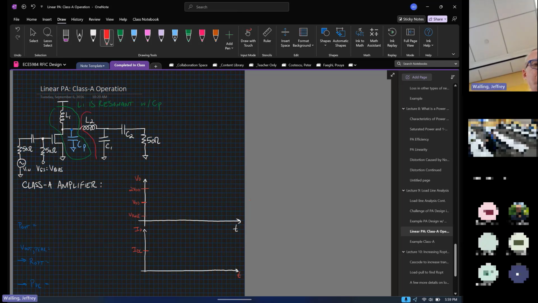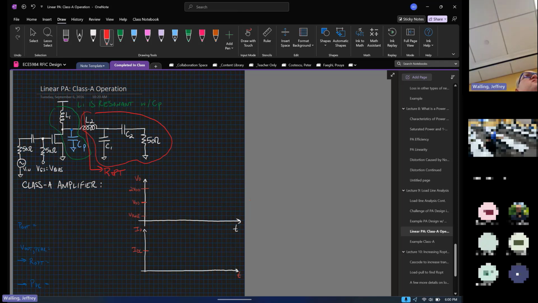And then this network, ultimately what we're trying to do is transform this so that as we look into this network, we see R opt. So we're canceling the reactance of the device using the shunt resonance with L1, and then we're using a tapped capacitor match to make an impedance transformation from 50 ohms to R opt.